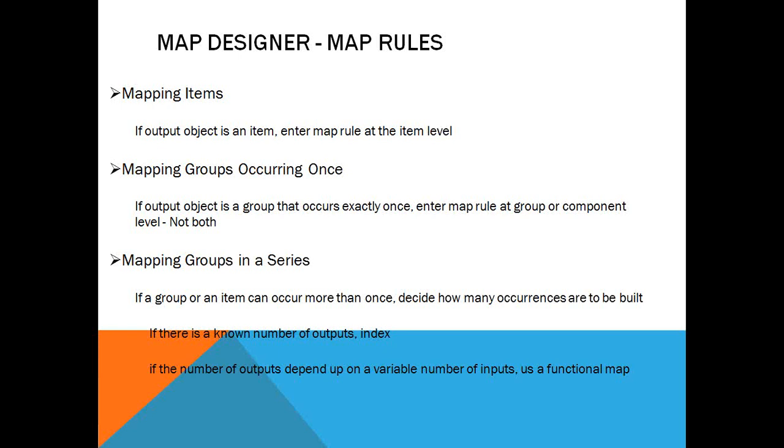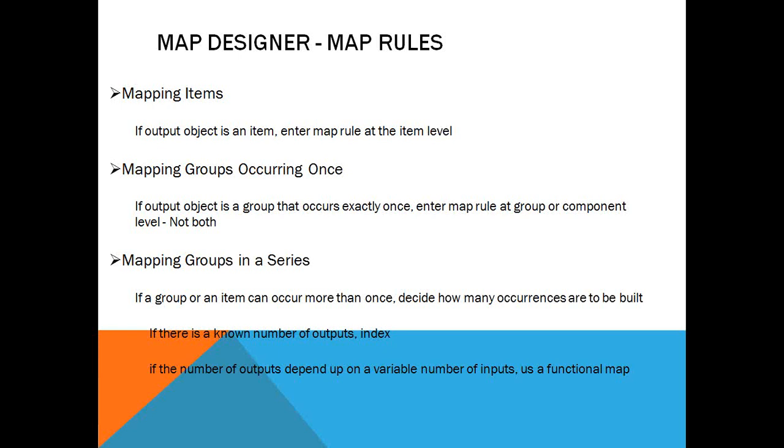Then mapping groups in a series. Suppose your group or item can occur more than once, decide how many occurrences are to be built. If there is a known number, you can add the index and create. Suppose you don't know how many times that occurrence will come, in that case you have to write the functional map.